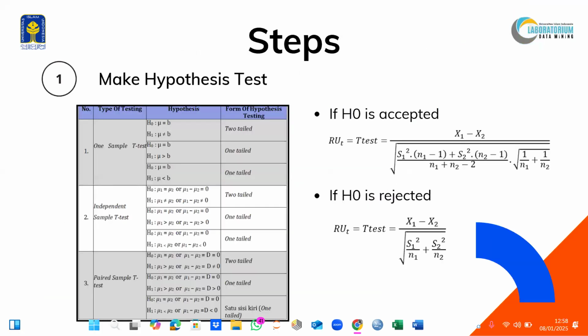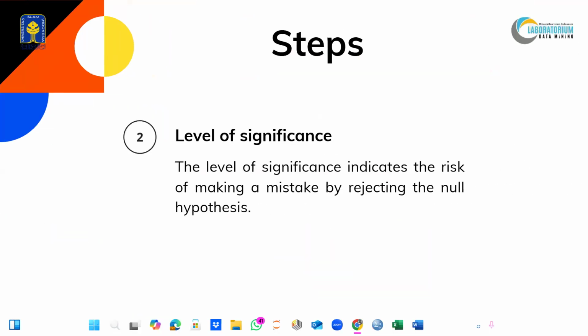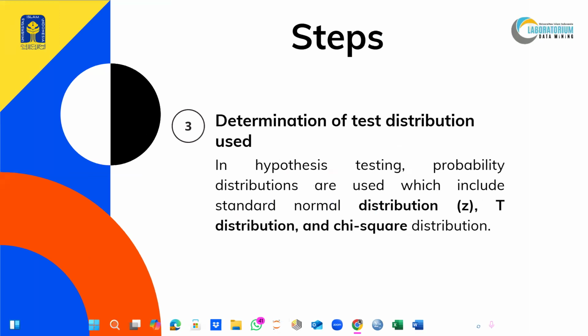These are the steps, and you just have to remember them. The first thing you have to do is make the hypothesis test, the level of significance, and determine the test distribution used. Basically, we use the Z distribution, T distribution, and chi-square.